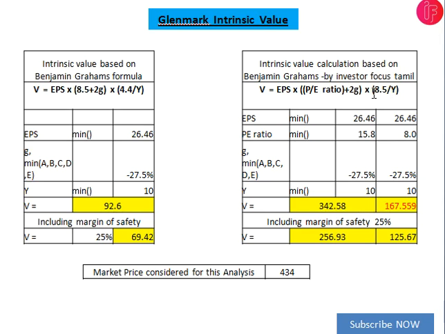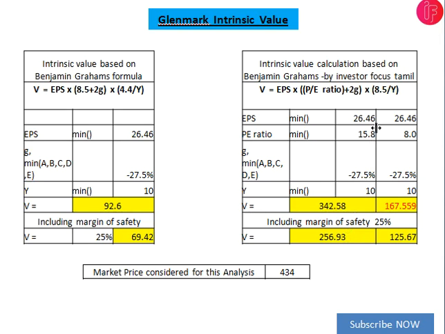And then the 4.4 I changed to 8.5, considering the Indian yield information. Now when we apply all this information in the single formula, we get 342.58 rupees as the intrinsic value. When we consider a safety margin of 25%, the exact value where we can enter is 256 rupees.